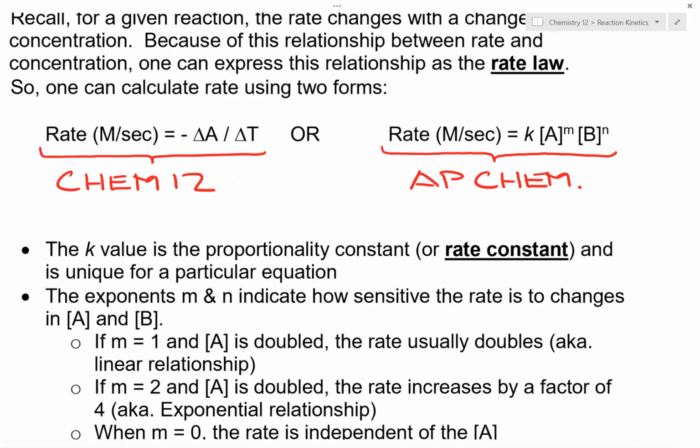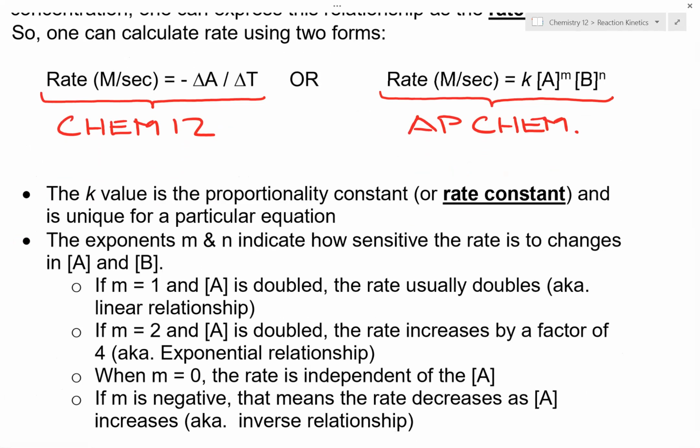Now, what are the definitions? k is the proportionality constant or rate constant and is unique for a particular equation. In other words, it doesn't change. Depending on the type of reaction and the nature of reactants, it is unique for every individual reaction. The exponents m and n indicate how sensitive the rate is to changes in A and B. If m is equal to 1 and A is doubled, the rate is doubled.